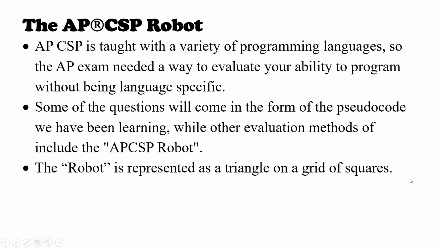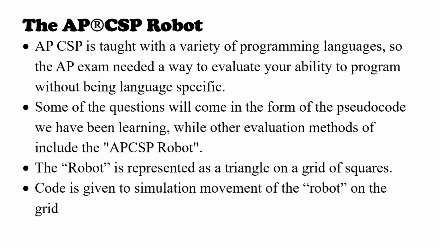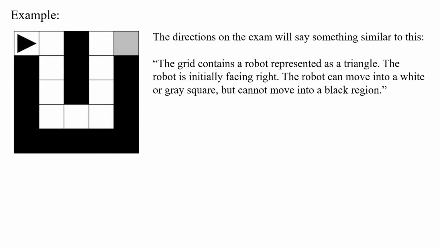Now, the robot is represented as a triangle on a grid of squares. And code is given to simulate the movement of the robot on the grid in some way. And you'll be asked different types of questions about its movement, and we'll see that a lot in the practice. So these notes I just want to give you as an introduction into what exactly the robot is.